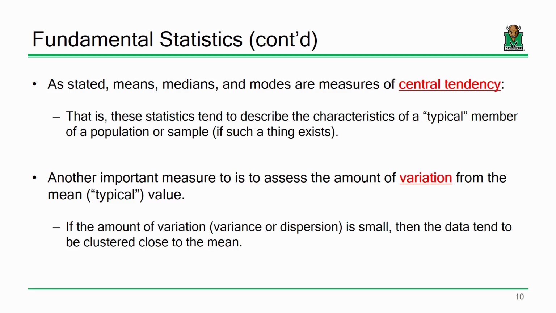So a measure of central tendency is simply a guess on the expected value of a given sample of data. But variation tells us how far each data point is from the mean, or from that expected value. A low measure of variation would mean all the data points are really clustered together.